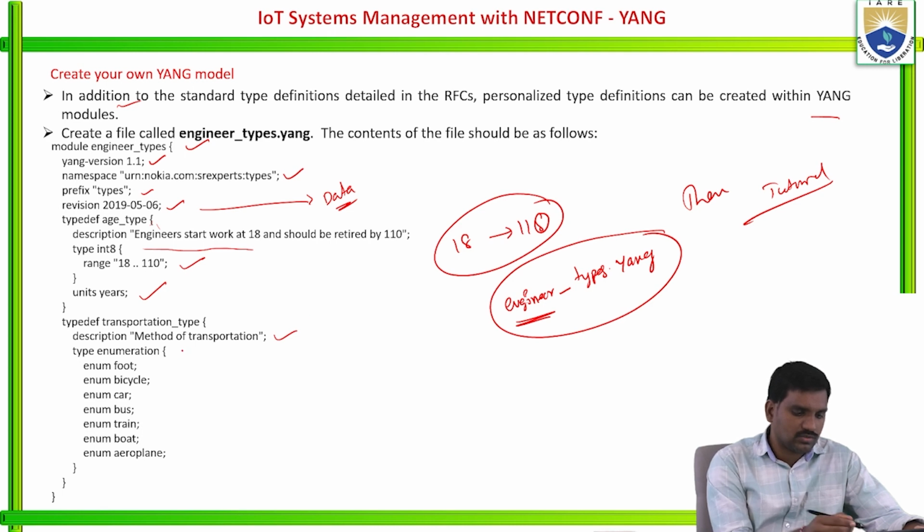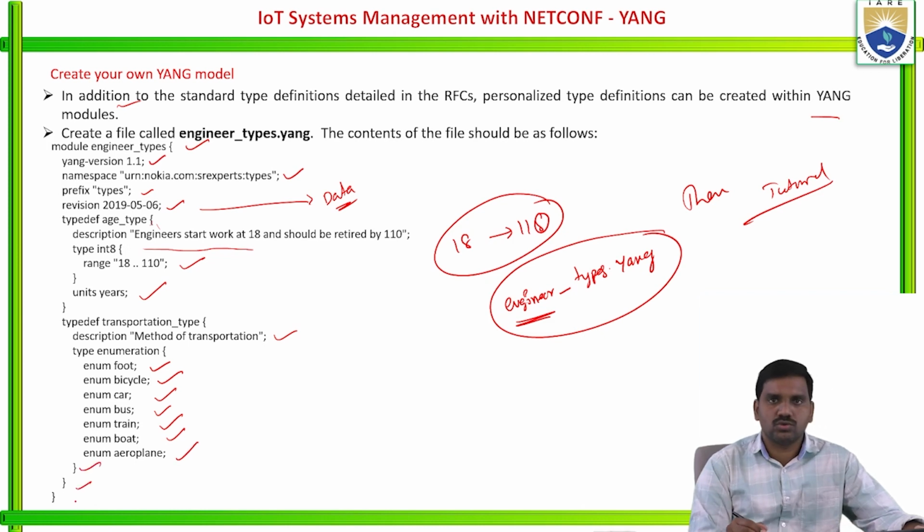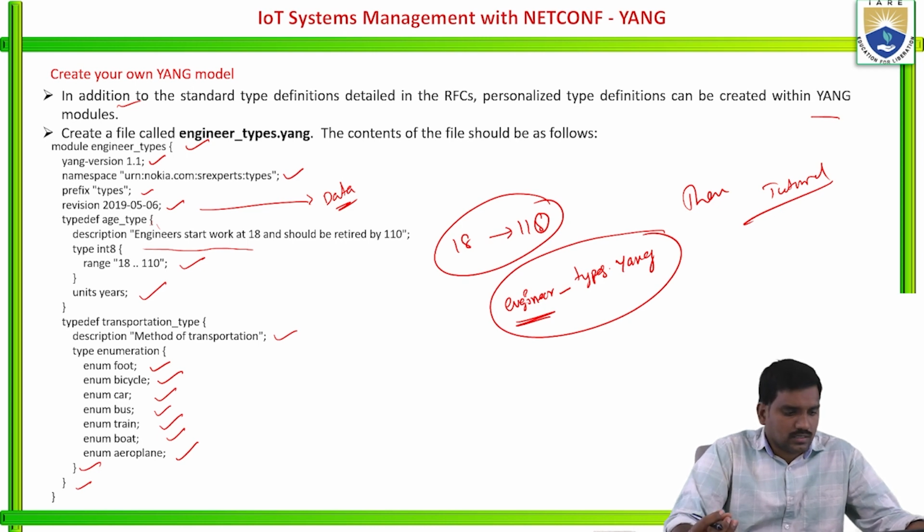Type enumeration, so the values come one by one. The mode of transportation can be by foot, by bicycle, by car, by bus, by train, by boat, and by airplane. Then close the braces. So these are the basics of creating your own YANG module.